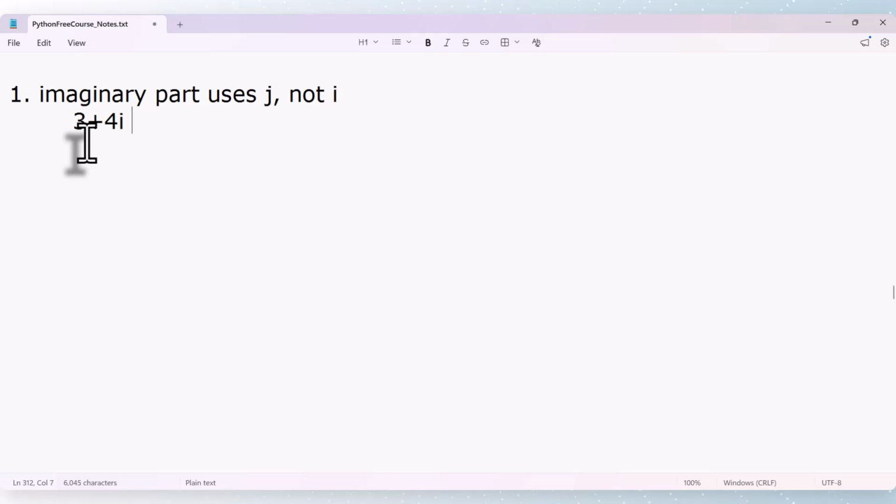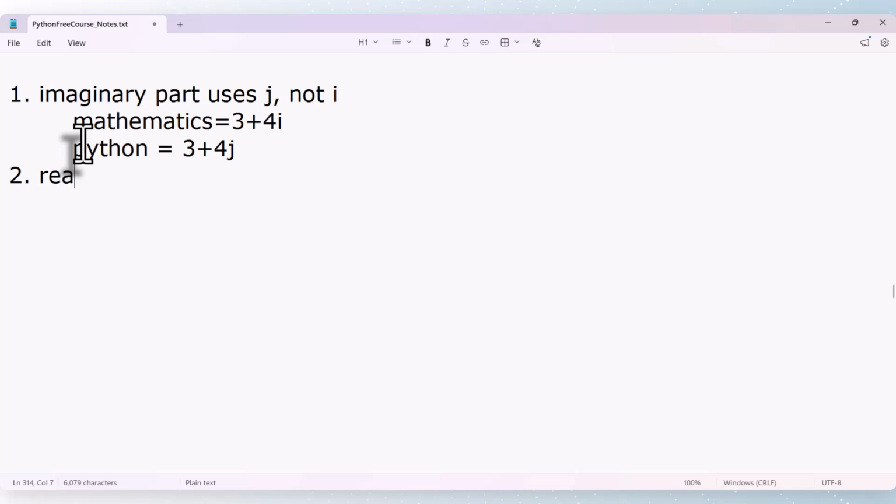But here in Python, the complex number is represented as 3 plus 4j. Python follows the notation used in electrical and electronic engineering, where j represents the imaginary unit. So this is a very important point.